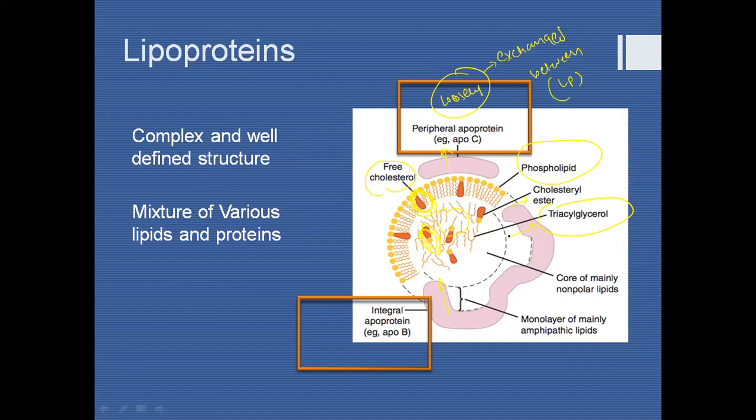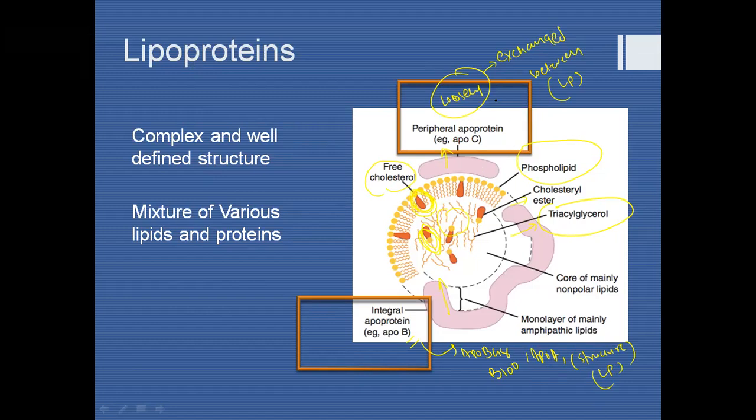In contrast, the integral apoproteins such as ApoB48 or ApoB100, similarly ApoA, form an integral part of the structure of lipoproteins. They are very tightly bound and form a very integral part of the structure of a lipoprotein.